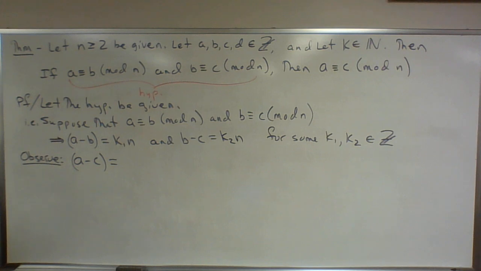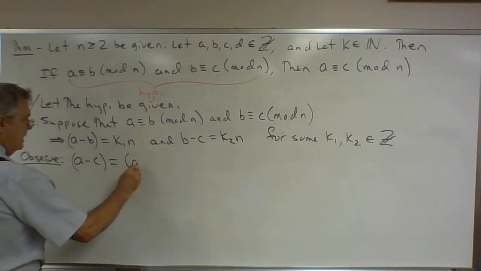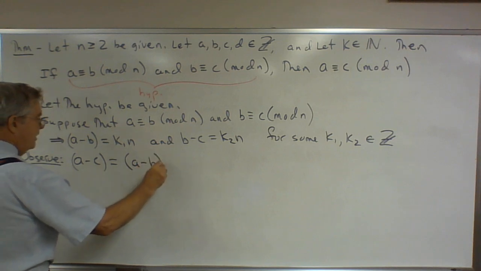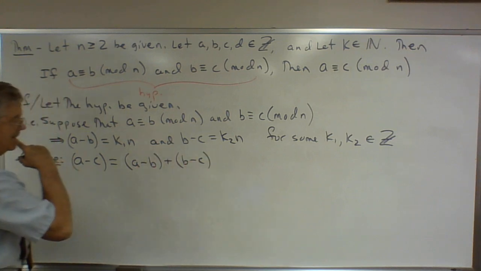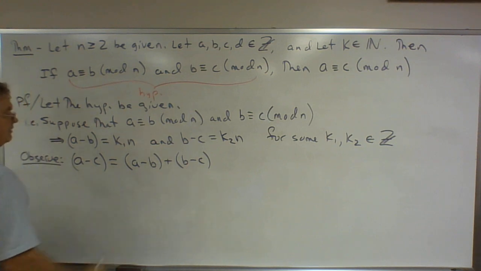And I think we have it. A minus C is going to be A minus B plus B minus C. The B's cancel each other out. We just have A minus C.